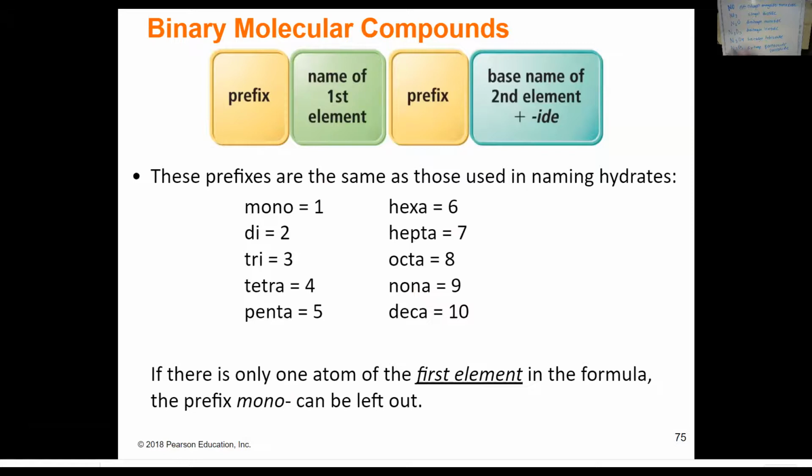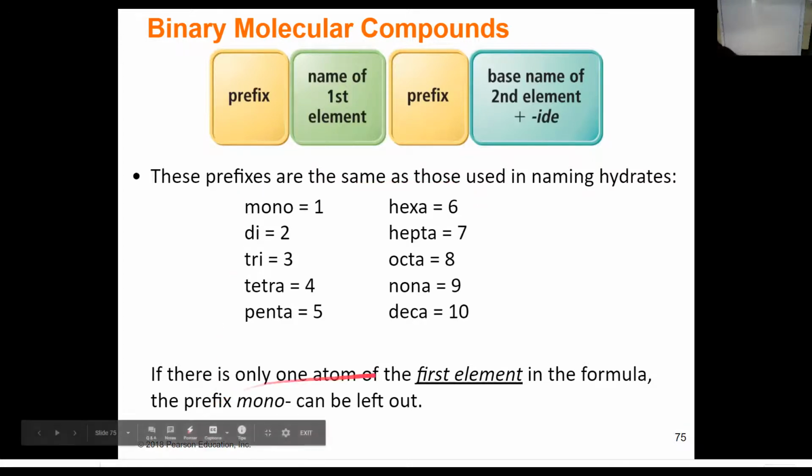If you only have one water molecule attached to an ionic hydrated compound, you have to indicate that there is only one. That has to be monohydrate. Okay, just to keep that clear in your head.